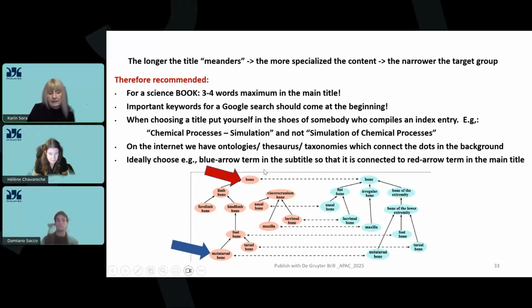Ideally, you choose the keyword which is pointed to with the blue arrow here in a subtitle, so that in the background it is connected to your main title, main topic, and then your book is found even more if you have these additional keywords from here.